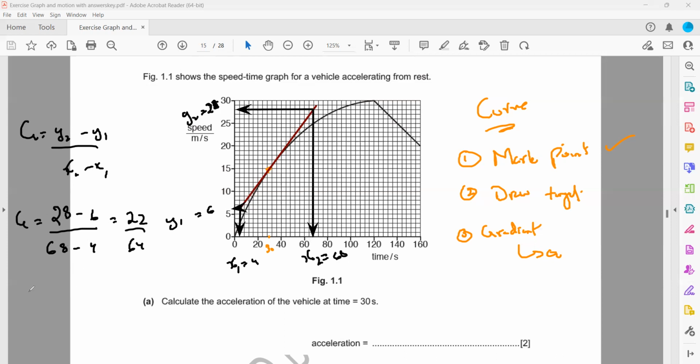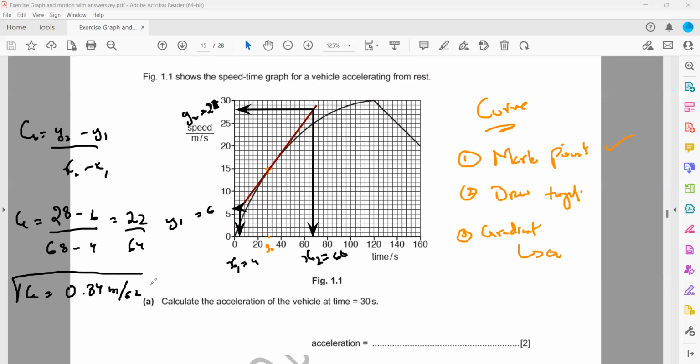What's the answer? 22 divided by 64. 0.34. So we will write 0.34. And the unit of acceleration is meter per second square.